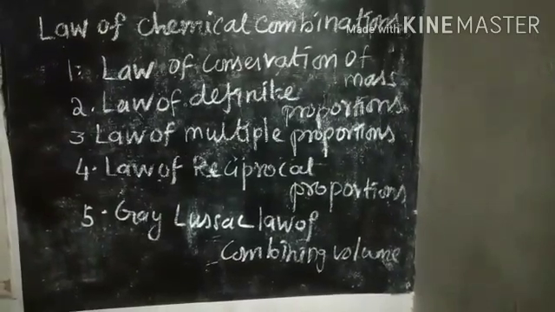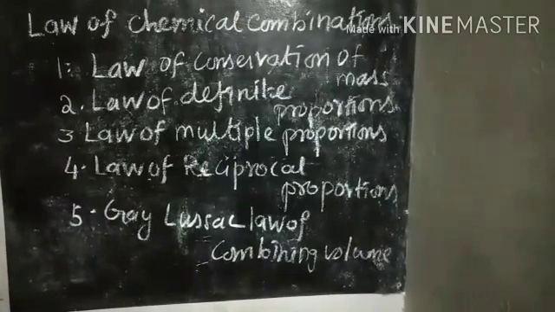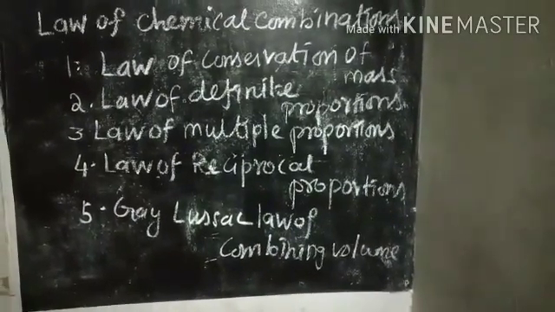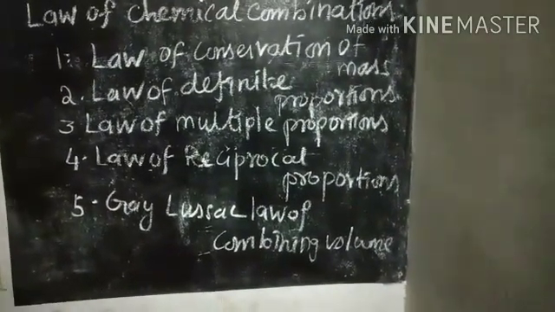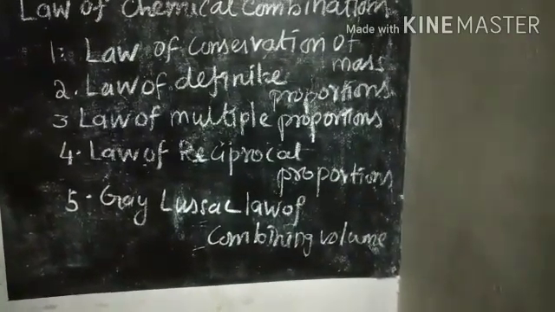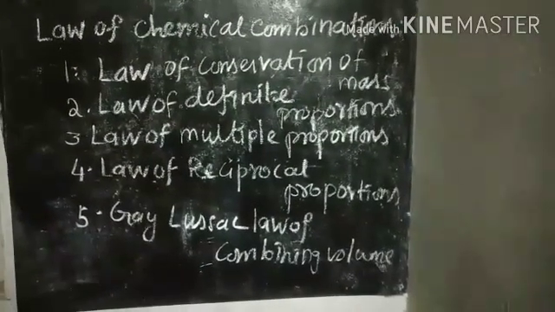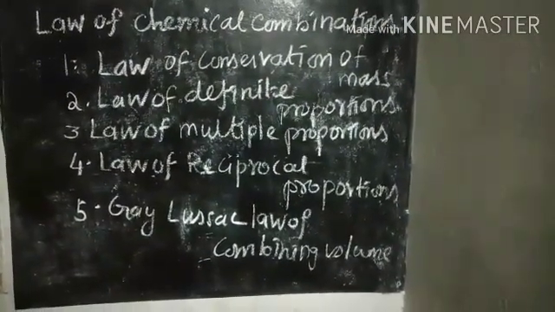The chemical reaction is based on 5 laws: the law of conservation of mass, the law of definite proportions, the law of multiple proportions, the law of reciprocal proportions, and Gay-Lussac's law of combining volumes. In this video you can learn about the first 3 laws.